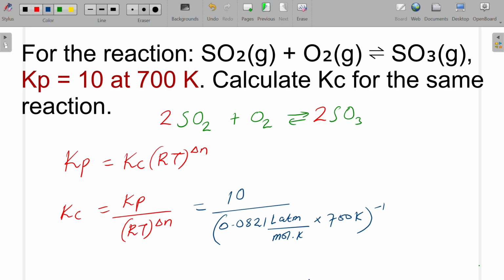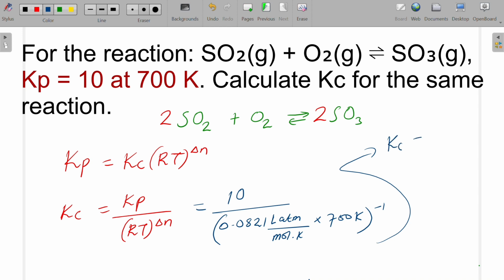So now we have replaced with our values. All we have to do is just calculate. We say 10 divided by what we're going to find there. And when you punch your calculator, according to my calculator here, when I divide 10 by this product RT to the minus 1, it gives me a value that is 574.7.